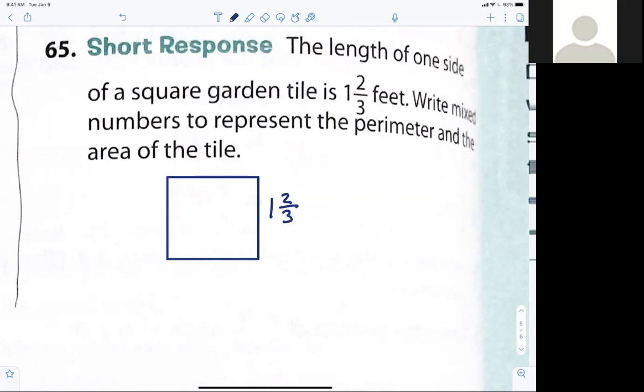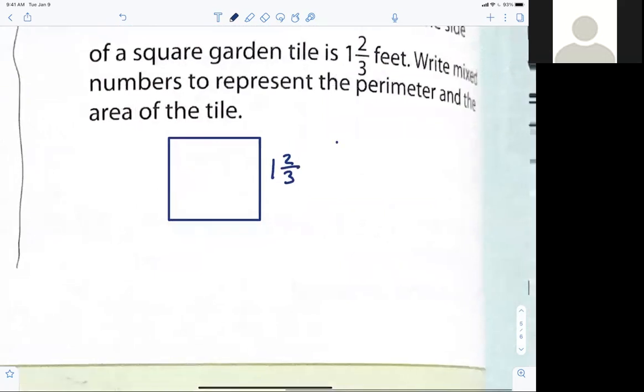How many 1 2/3 are there? 4. So that's why it's 1 2/3 times 4. All right, everybody's going to do 1 2/3 times 4. Now you're still skipping spaces, writing neat, drawing a square when I said draw a square. So when I look at it tomorrow, I'm going to go, wow, you paid attention.